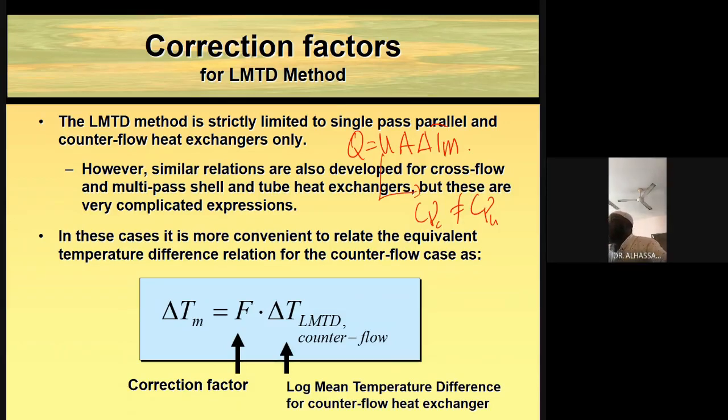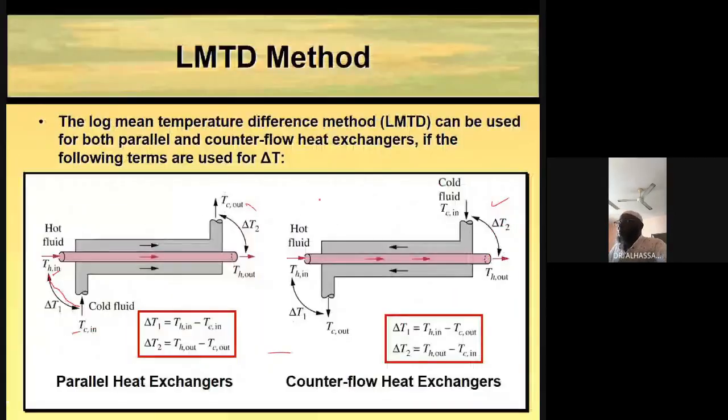Now this equation is valid only for parallel flow and counter flow, strictly limited to single pass. Single pass means this equation is only valid for these two types of geometry.